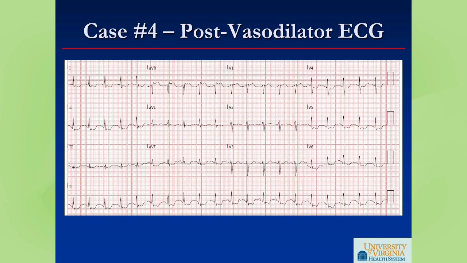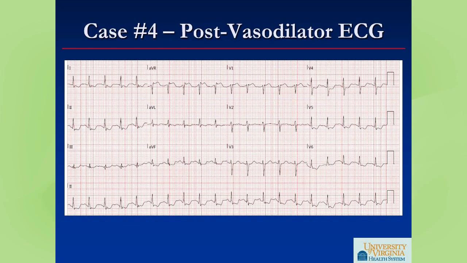And you can see that there is ST depression notable in 1, 2, AVF, maybe a tiny bit in AVL, and then certainly in the lateral leads here, V4 through V6. And the ST depression is at least 1 millimeter or greater, almost 2 in some of the leads. And so this was thought to be concerning.